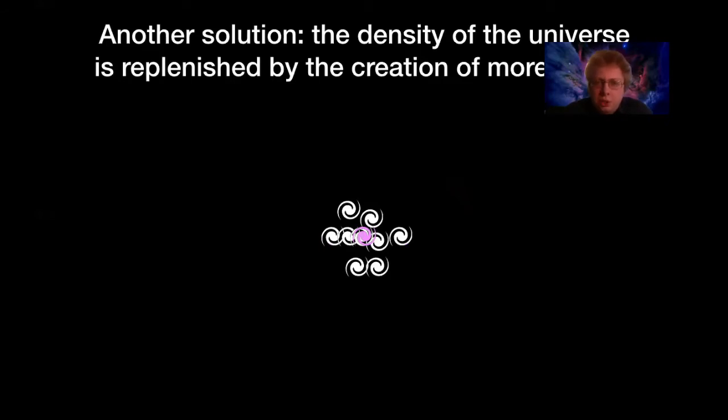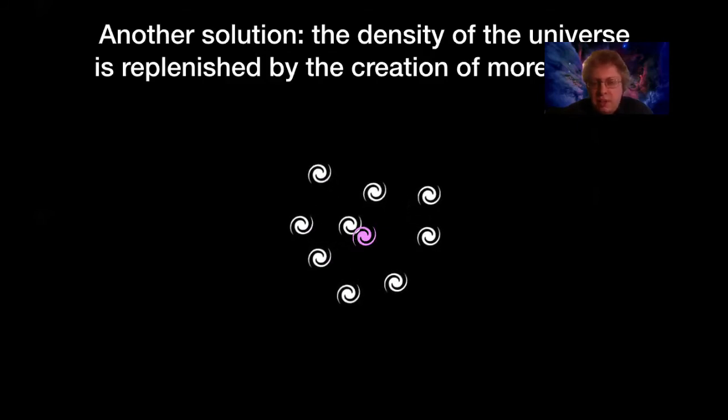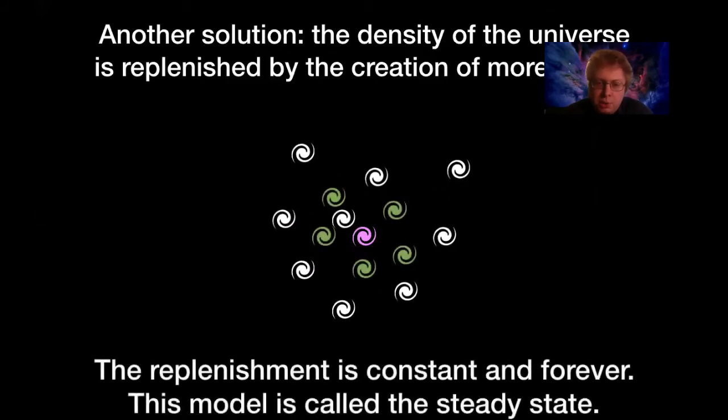So another solution is that instead of having a start and a finish to the universe, the universe is continuously expanding outwards, but more stuff is being created constantly to replenish it as it does that. So in this model, you might have galaxies that are moving apart from the Milky Way.